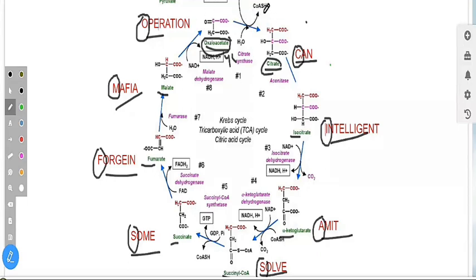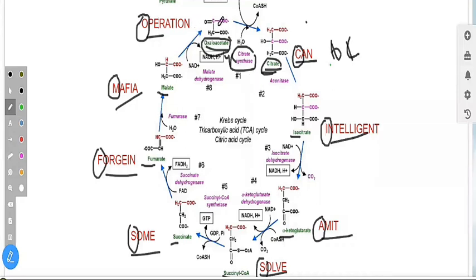They combine together to form a 6 carbon compound. Here the enzyme is citrate synthase, because synthesis of citrate occurs. That's why, for the substrate citrate, the enzyme is named citrate synthase.